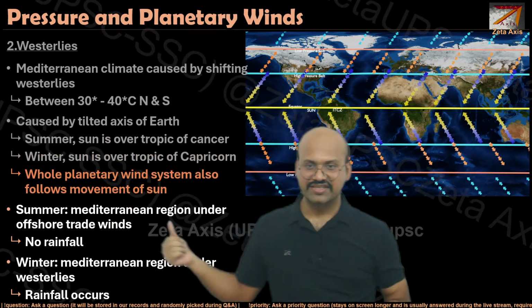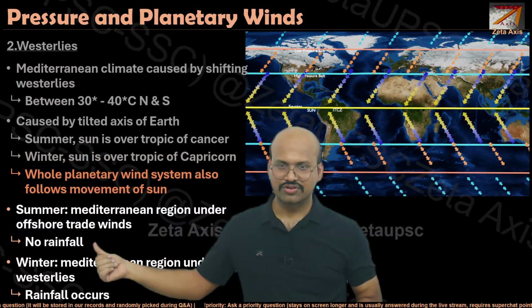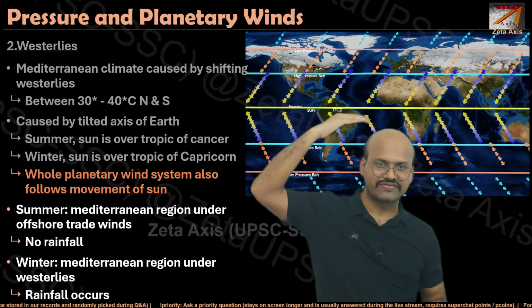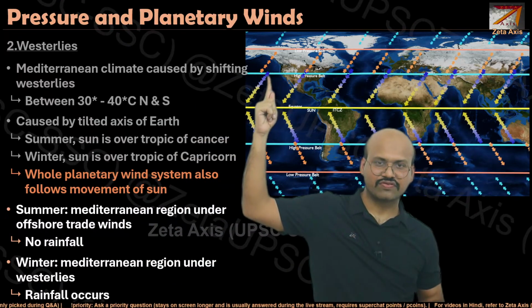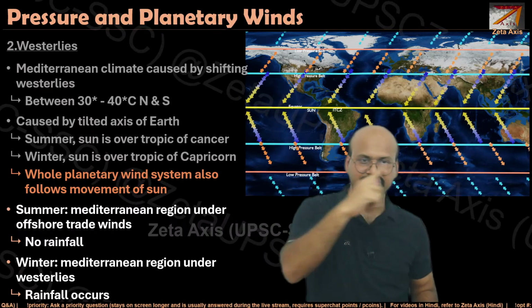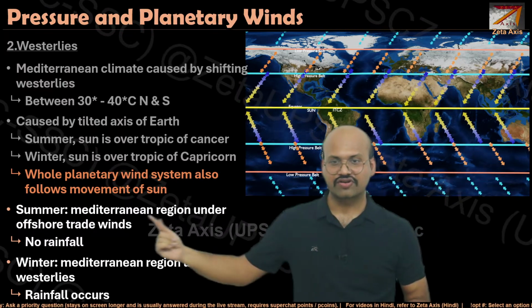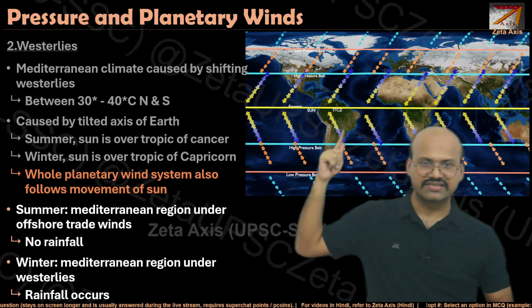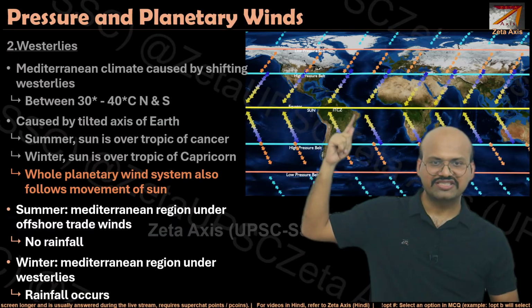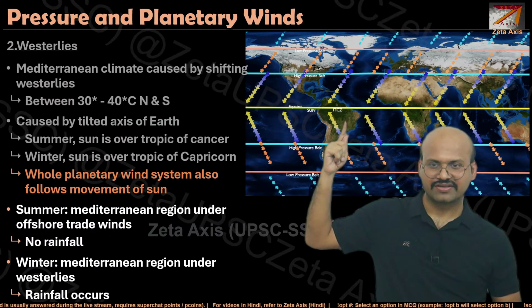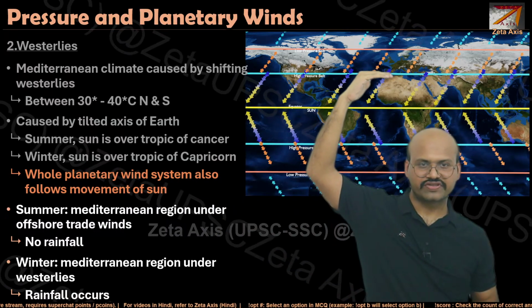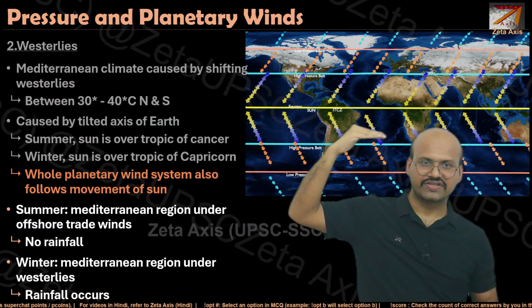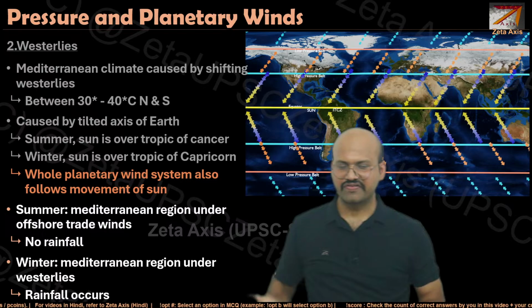Summer, Mediterranean region under offshore trade winds. So in the summer, because these wind belts have moved up, these Mediterranean regions here as well as over here, as well as in these regions, you will see that they are under the effect of these trade winds. These are the easterly flowing trade winds. While in winter, because it moves in the southern side, they experience the westerlies.